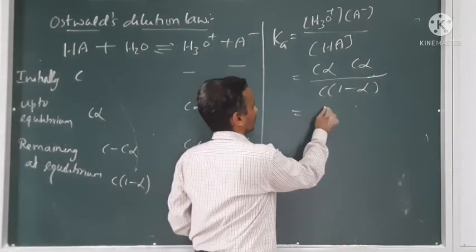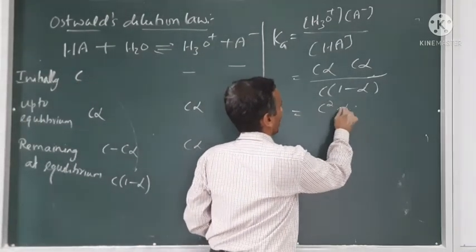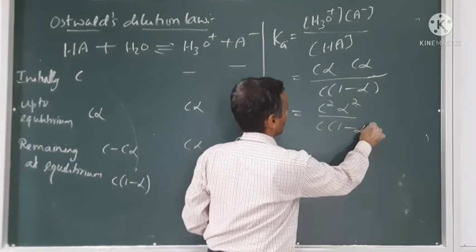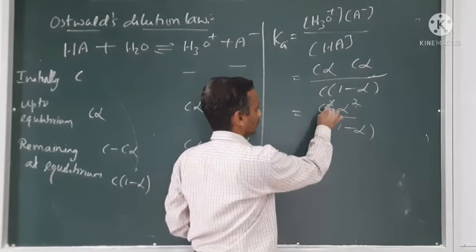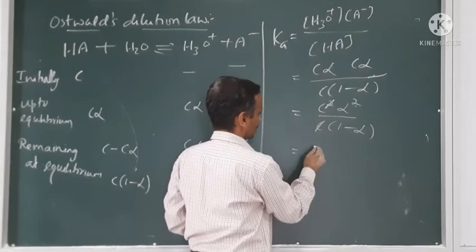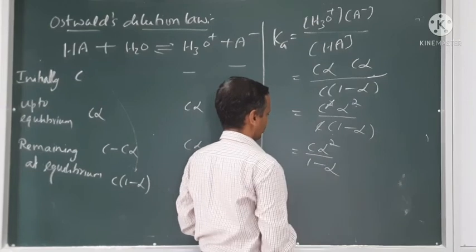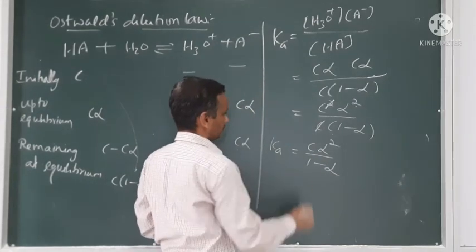So it is C square alpha square divided by C into 1 minus alpha. One C cancels. It is C alpha square divided by 1 minus alpha is equal to K.